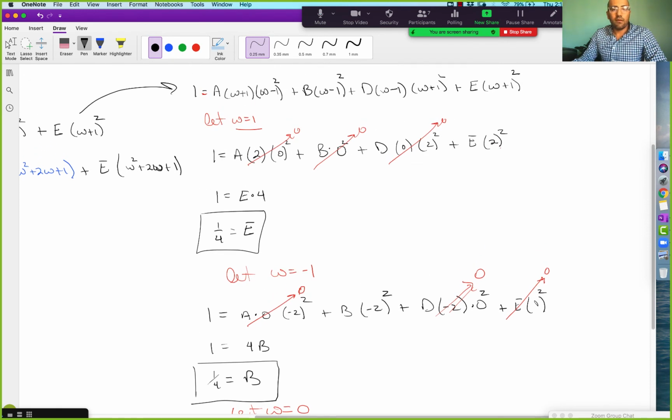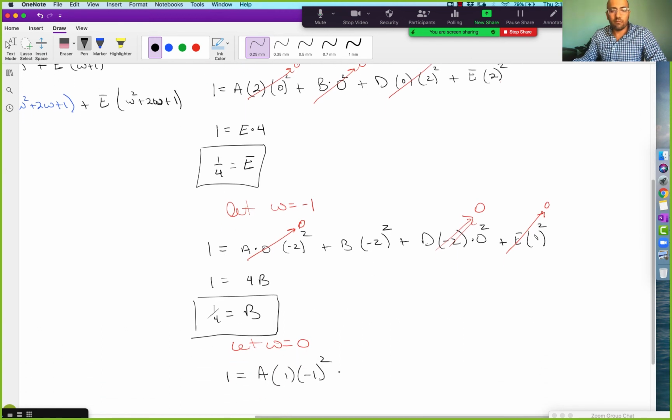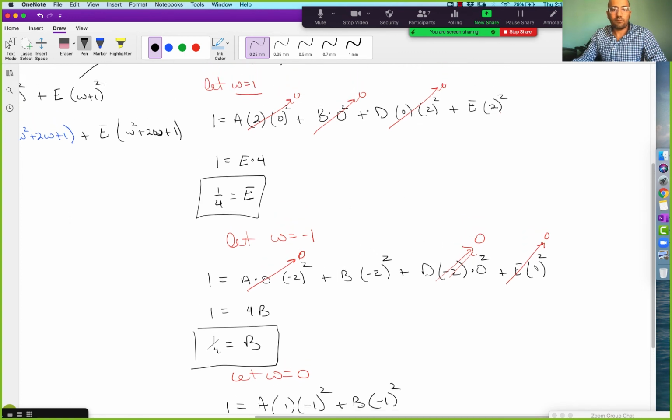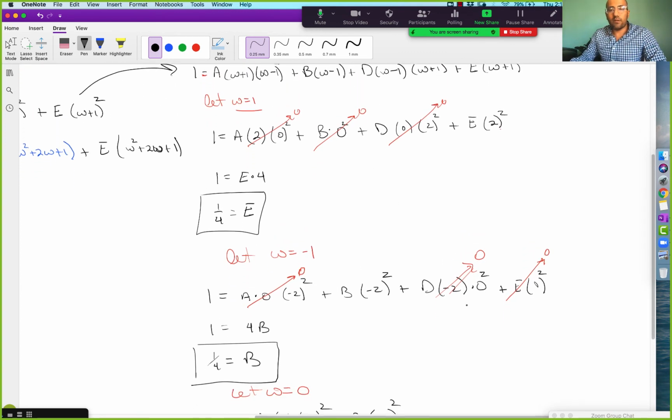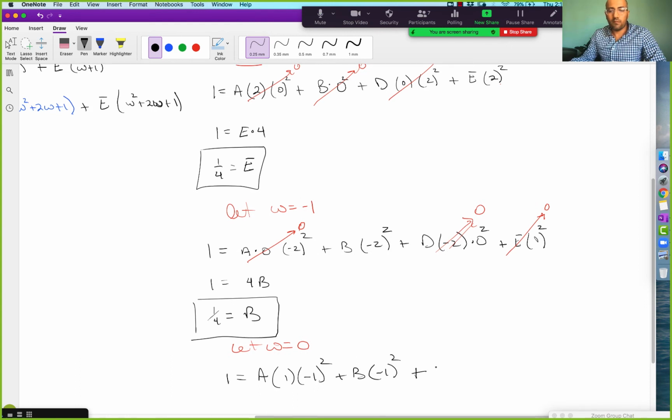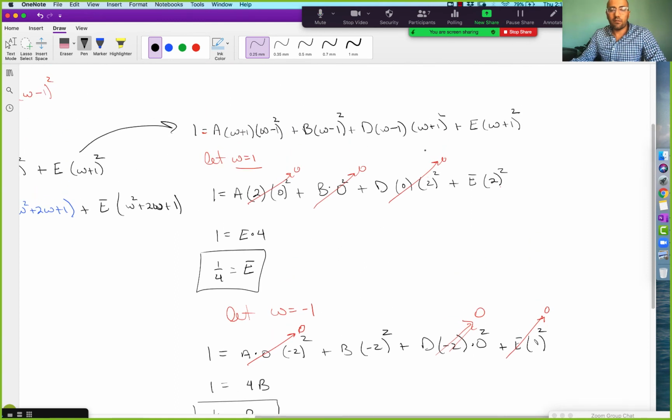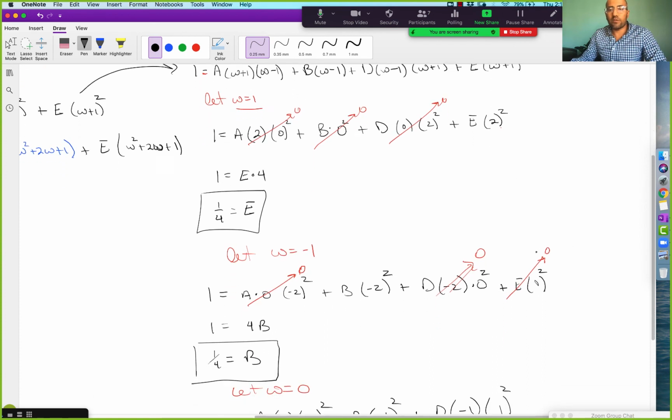And then plus B times (-1) squared. And then plus D times (-1) times 1 squared. And then plus E times 1 squared.